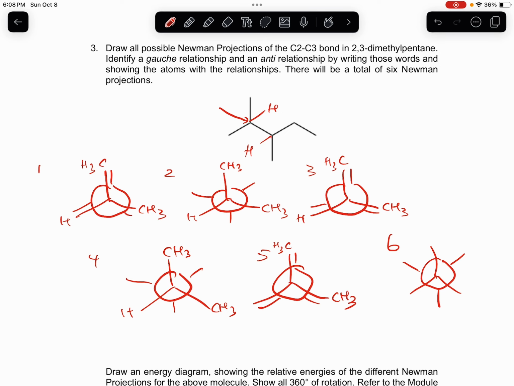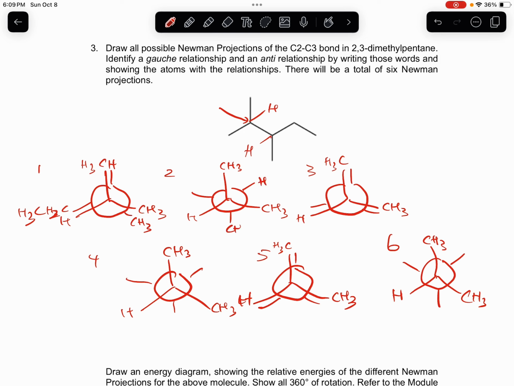Remember, I said multiple times that you don't have to do it the same way here, but I understand if you like the way that I do things and you want to mimic it. So then we have the hydrogen, the methyl, and then the ethyl in the back.